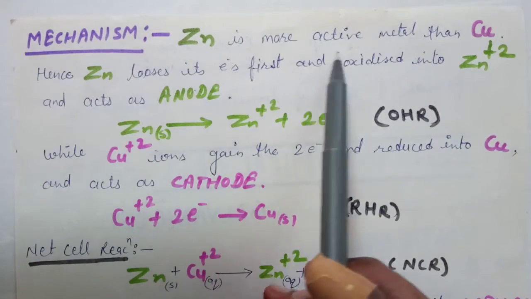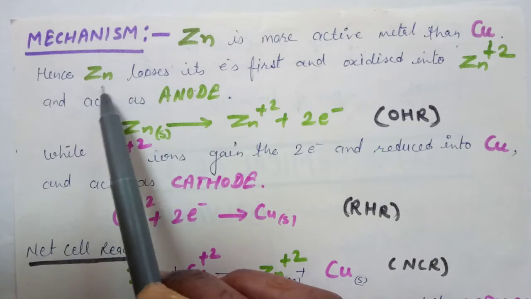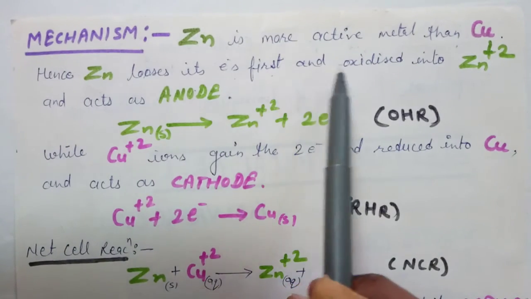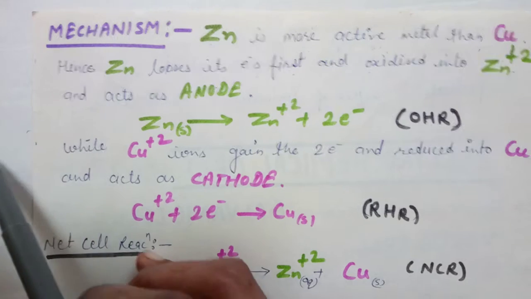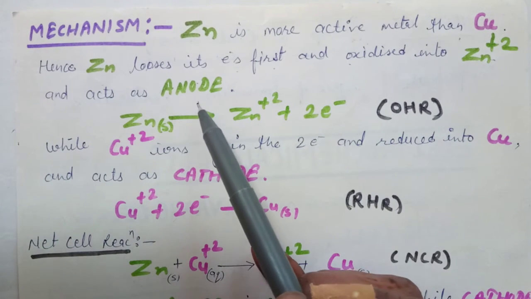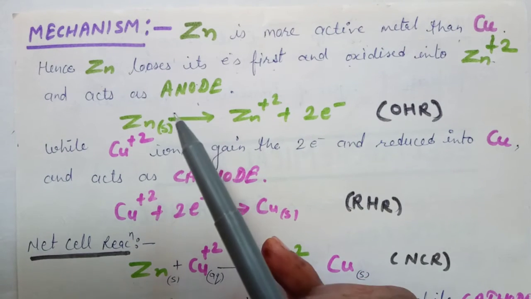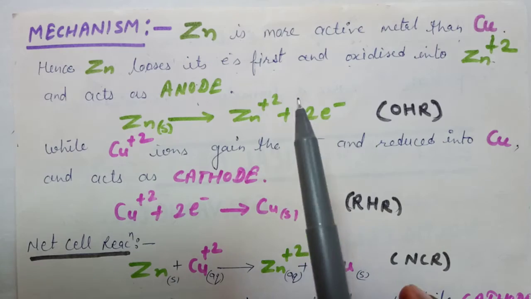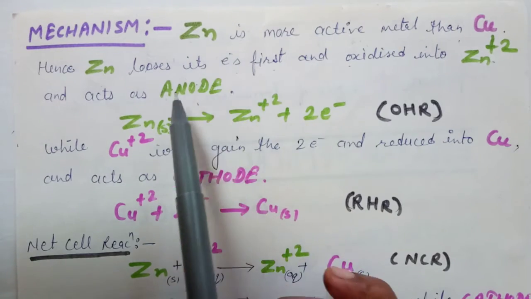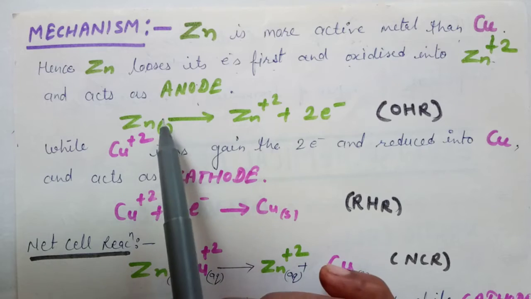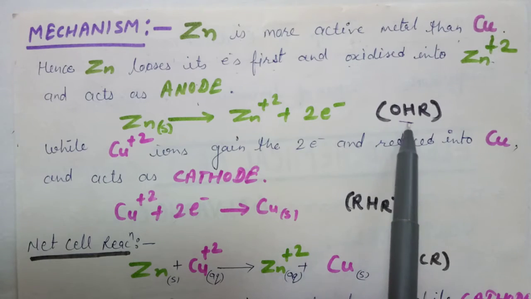So Zn is the more active metal, hence Zn loses its electrons first and is oxidized into Zn+2. So it acts as the anode. We know anode means the electrode at which oxidation takes place. So the Zn rod will act as the anode because there is the oxidation half reaction.